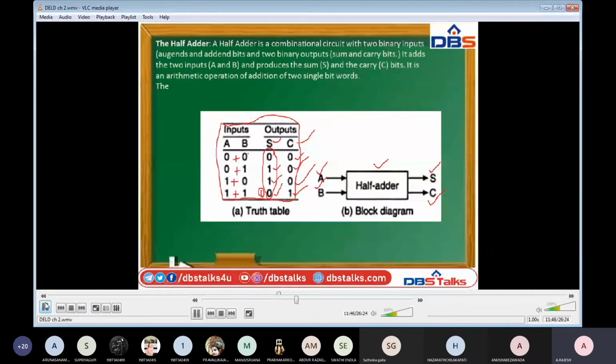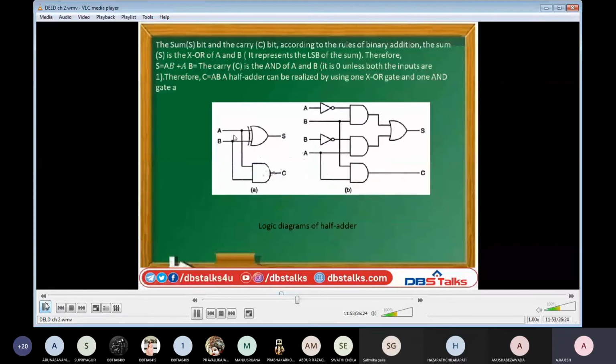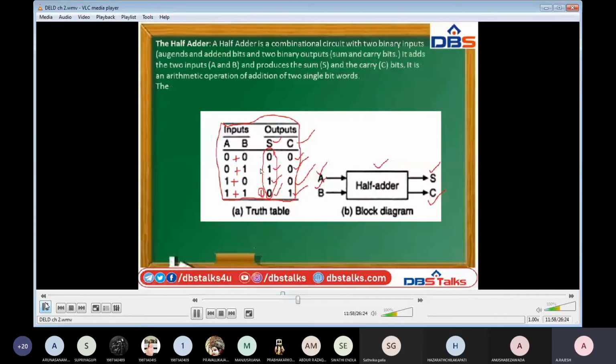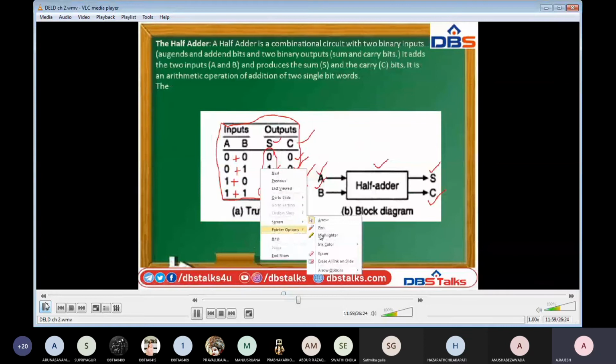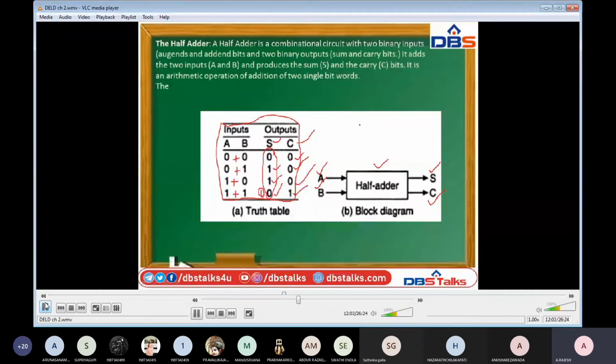See here, A and B: for the sum we are using an XOR gate, and for carry we are using an AND gate.